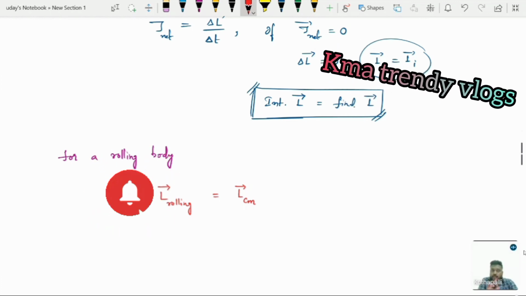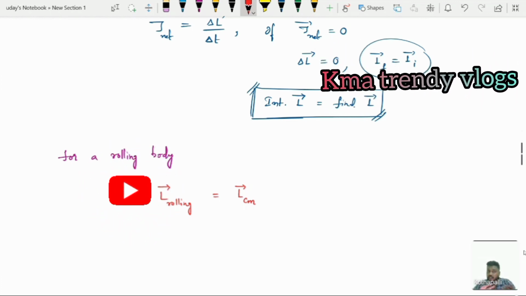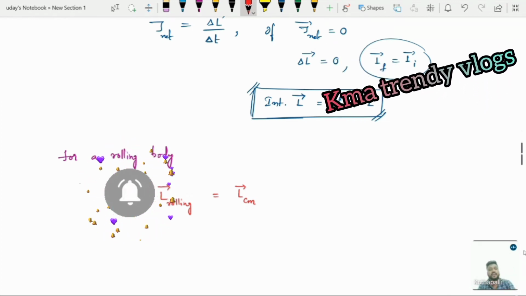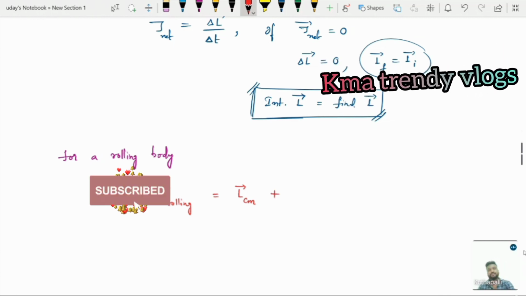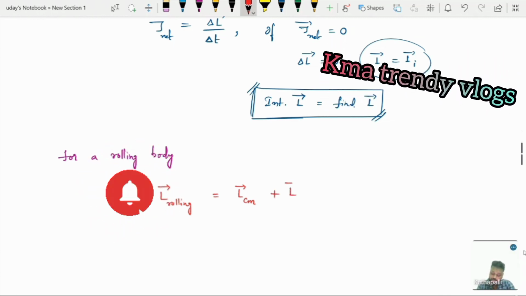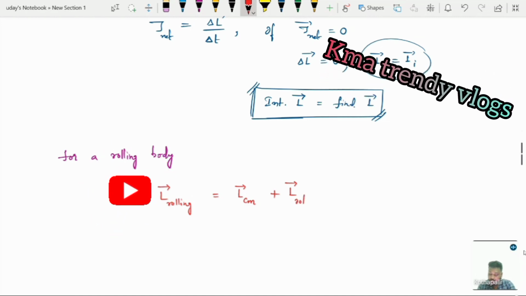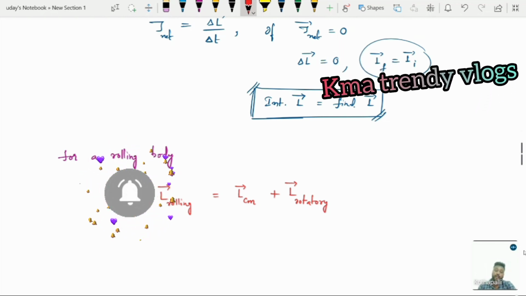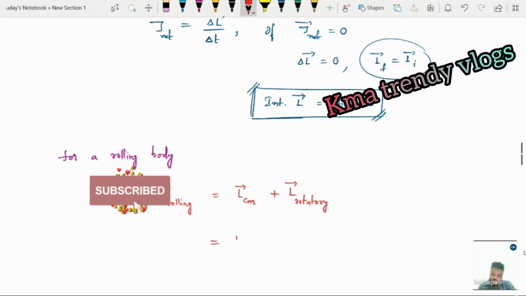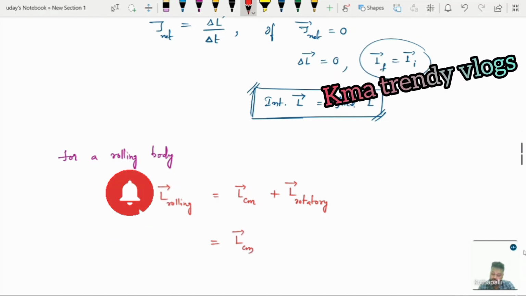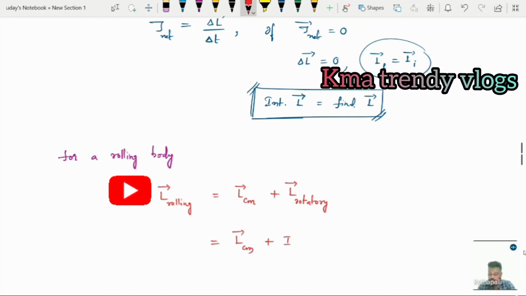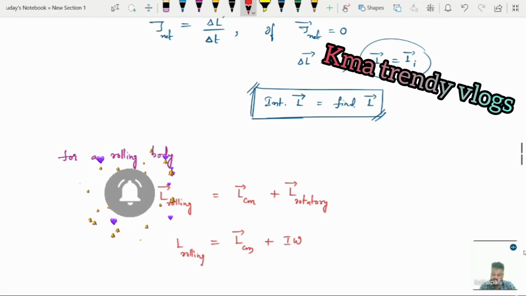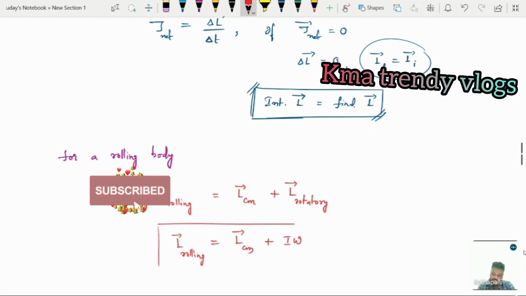So the angular momentum of the translatory part will be L_CM, the center of mass angular momentum, plus the angular momentum of the rotatory part alone. And we know the angular momentum of the rotatory part will be I omega for a rigid body.